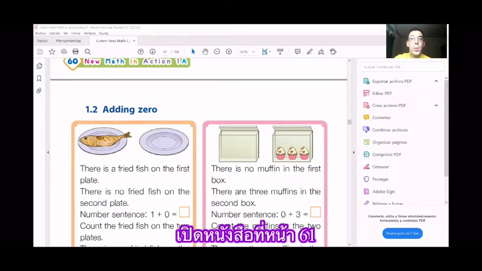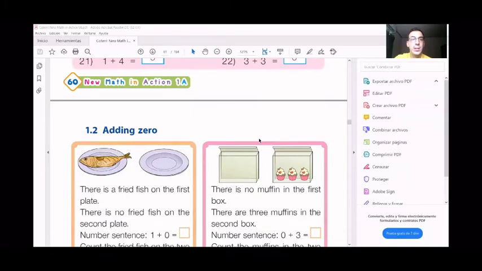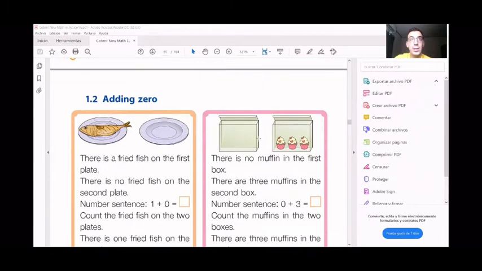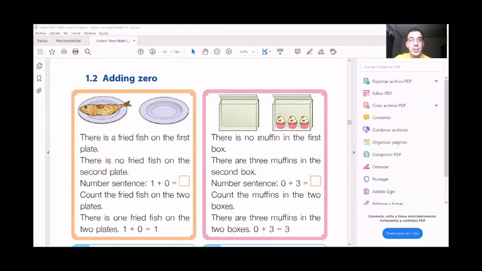Now let's go to our workbook and let's learn a new lesson together about these concepts we have learned in vocabulary. We are going to open our book to page number 61. Last time we did page number 60 as homework, so this time we are going to start page number 61.